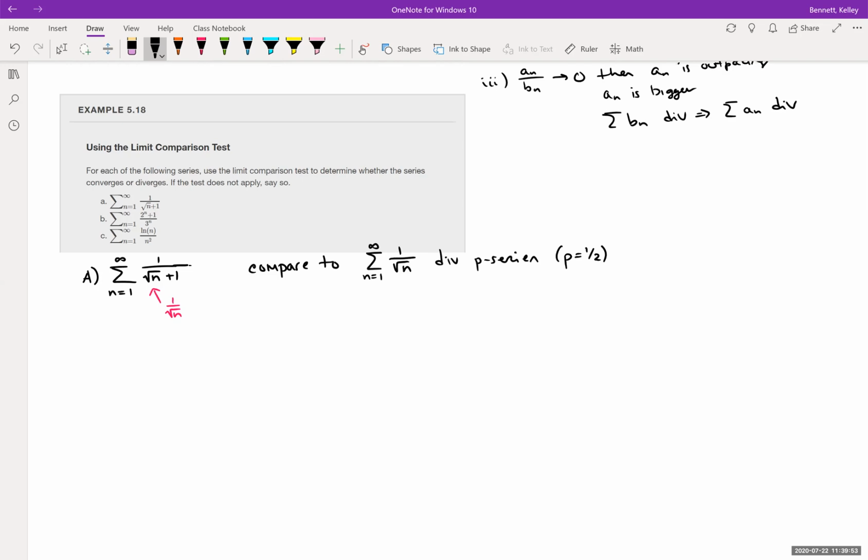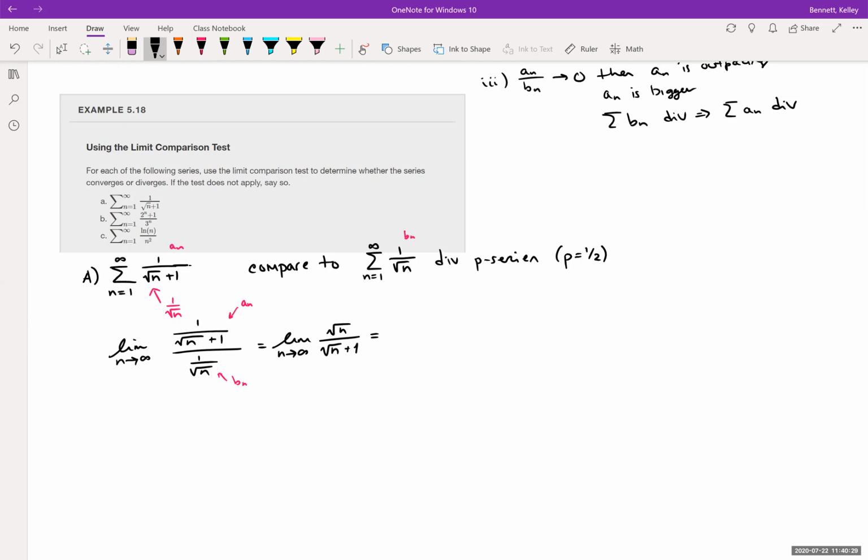So now I want to take the limit as n goes to infinity of 1 over root n plus 1, so this is a_n, over 1 over root n, and this is b_n, the one that we chose. And so this limit is going to be 1.